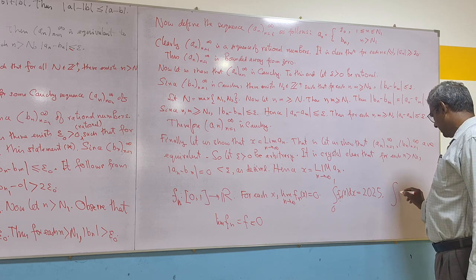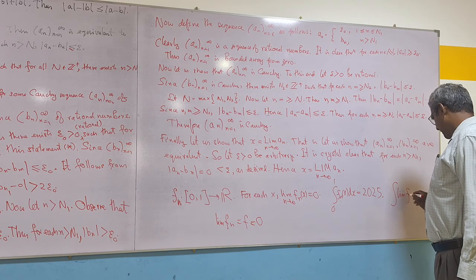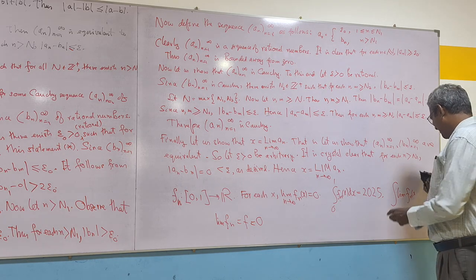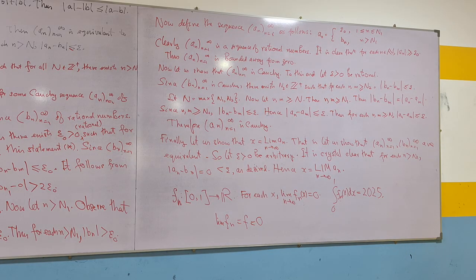Therefore, if you integrate the limit of f_n(x) dx, I am not asking the question precisely. I have a sequence of functions. At every point, if I integrate this, the integral of any function is 2025.